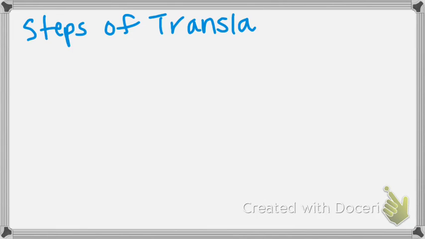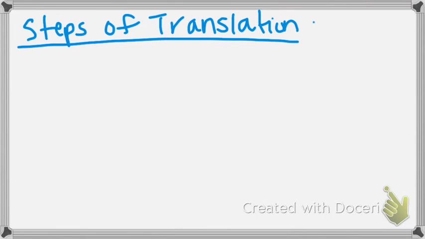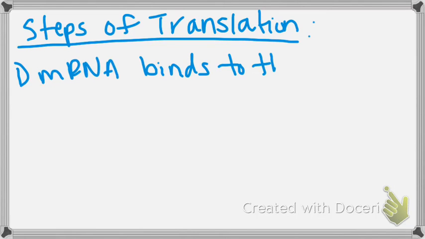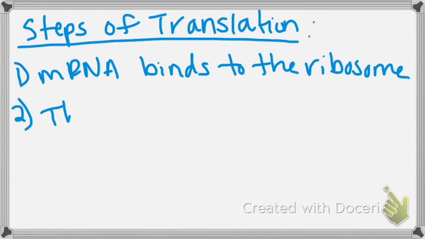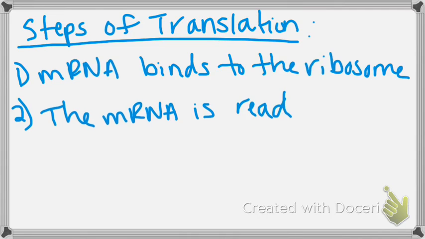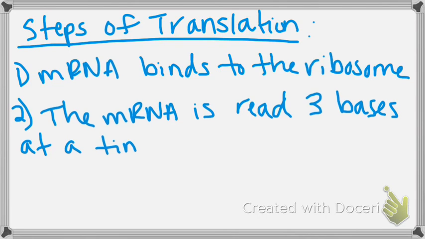All right, so the steps of translation are as follows. The first step is that our mRNA is going to bind to the ribosome. So it finds the ribosome and it attaches. The second step is that the mRNA is read 3 bases at a time.